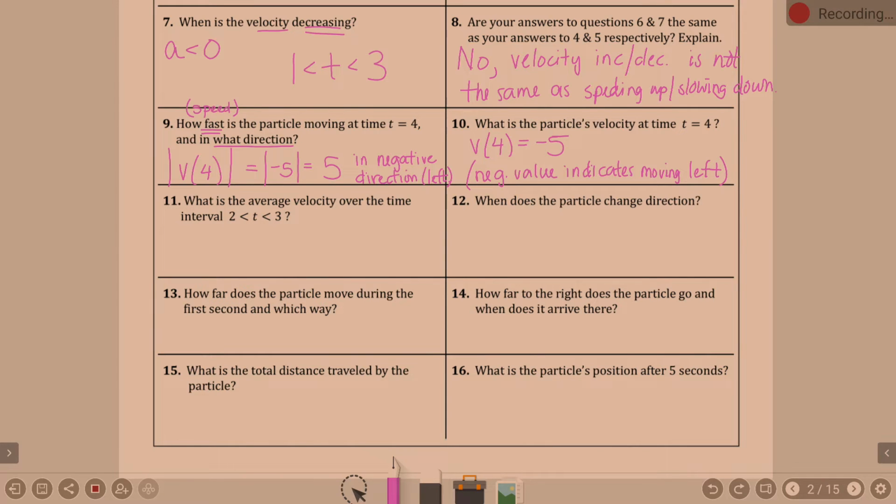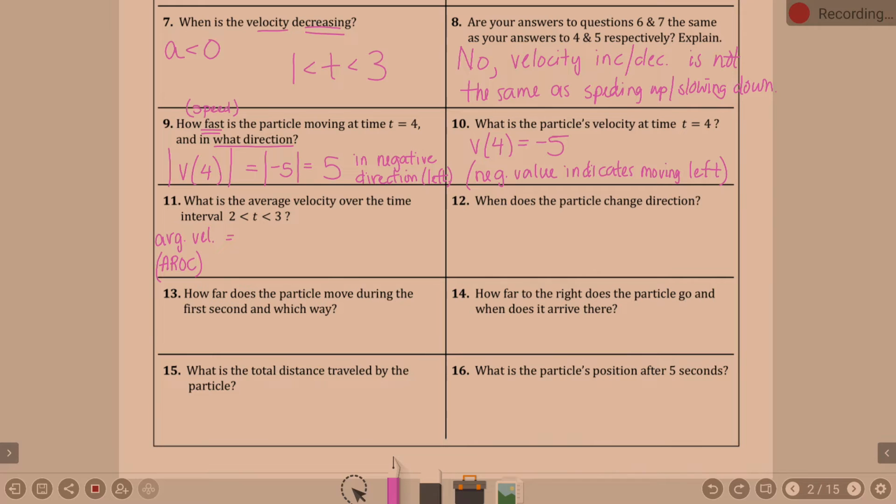Average velocity. What is the average velocity over the time interval from 2 to 3? Thoughts on how we're going to find average velocity? A-Rock, yeah. Average rate of change would be a good way to think about it.